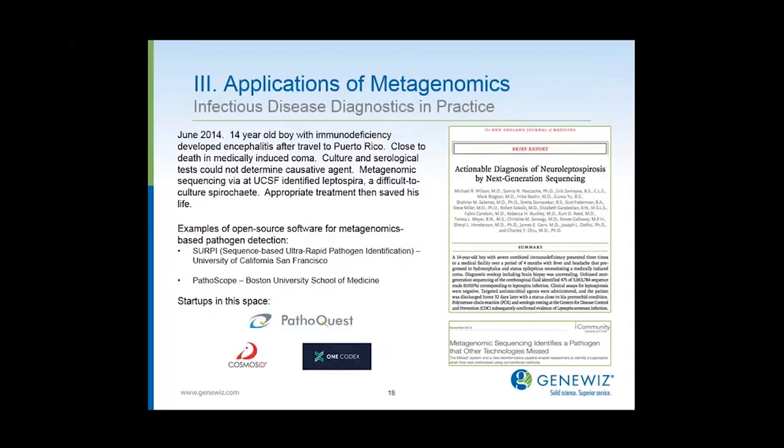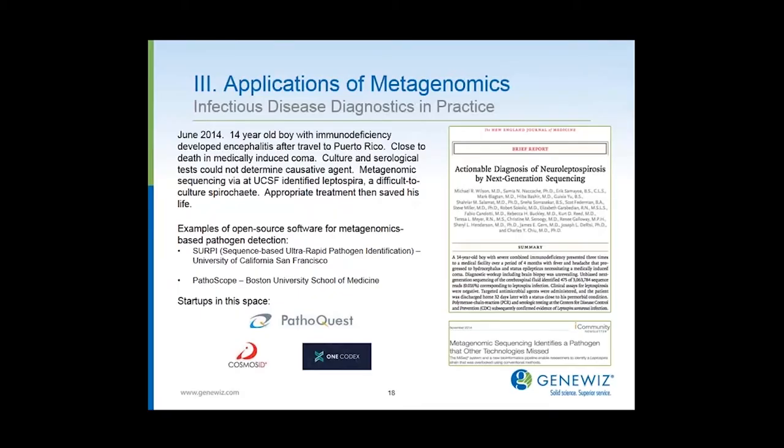So the boy's life was at stake, and UCSF was able to identify the causative agent as Leptospira, which is a difficult to culture organism, using their, at the time, a research-based software system. And once the correct organism was identified, the boy's life was saved with the right antibiotic treatment.